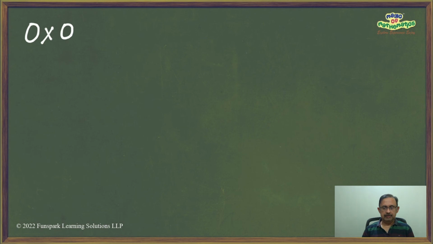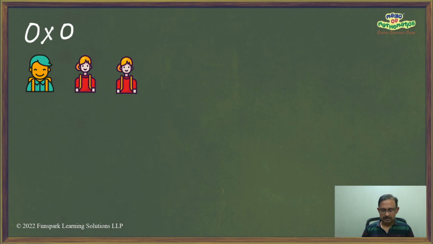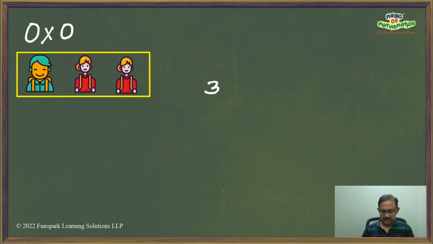So, irrespective of the number of children I meet, I will not use up any apples. If I meet 3 children and I give no apples, that is 0 apples to each child, I will not use up any apples. And I can say 3 times 0 is 0.